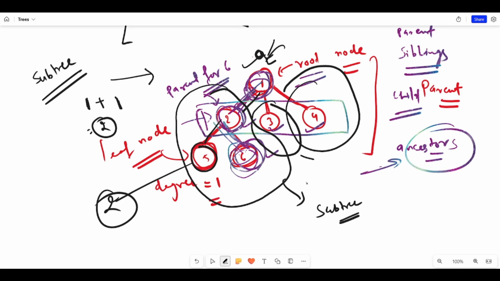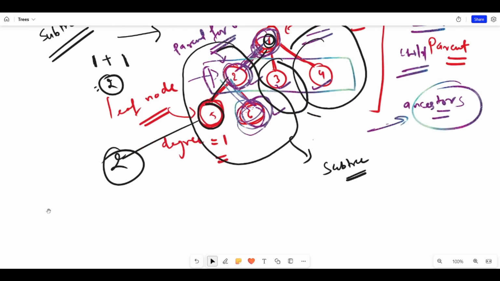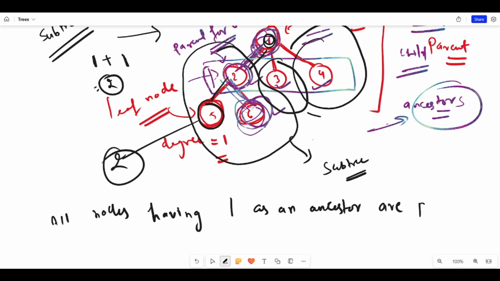Okay, so in other words, by definition we can say, let's write it, all nodes having 1 as an ancestor are present in the subtree of node 1.